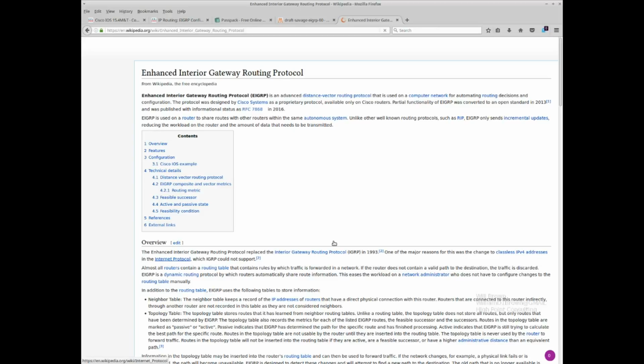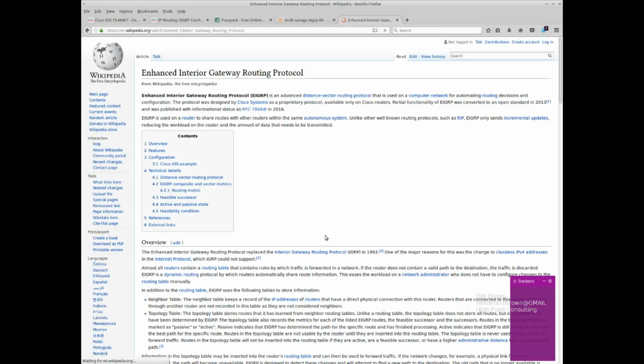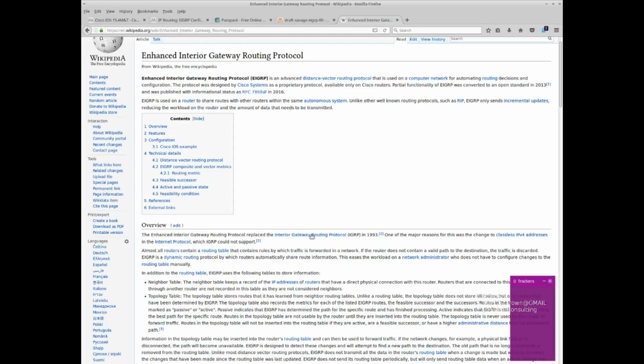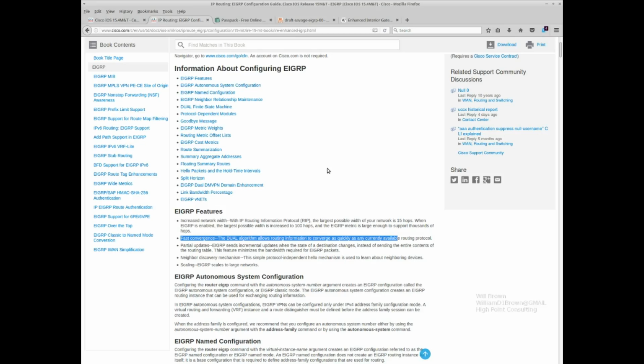I believe in my very first class we actually had IGRP, for some reason. That would have been 1997. Chesapeake Bay Networks was my trainer, and it was the first Cisco routing class. But there's the EIGRP page. I'm jumping around too much.